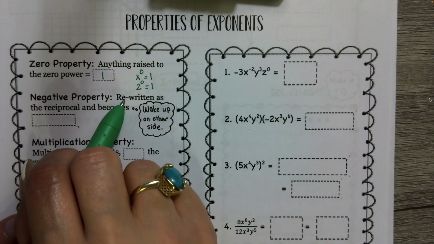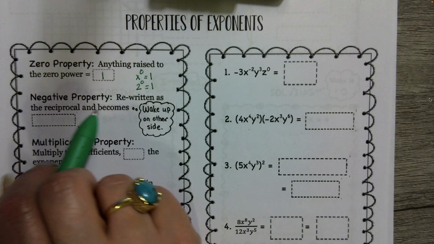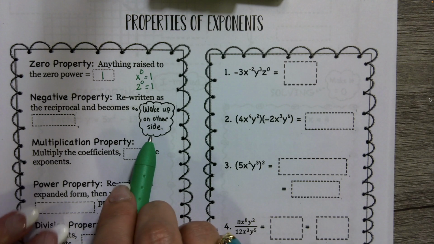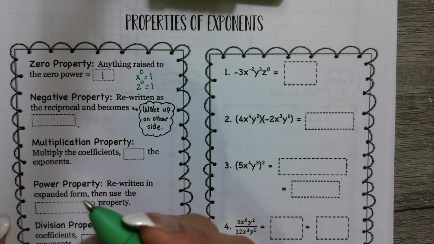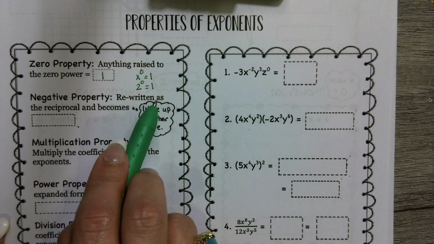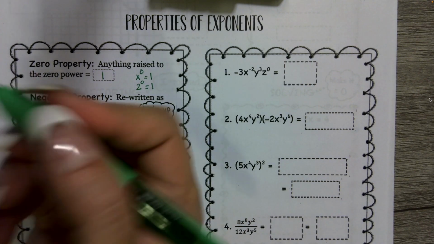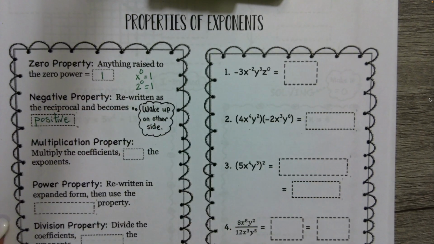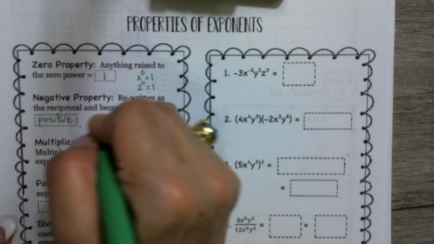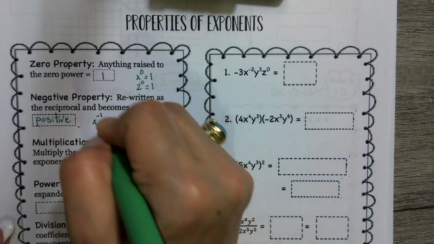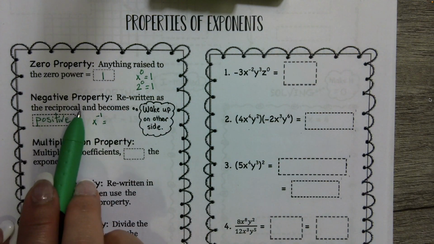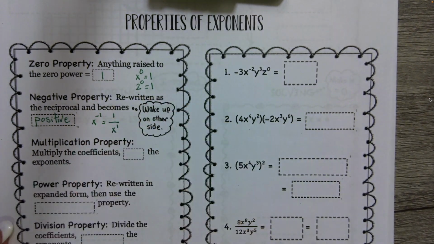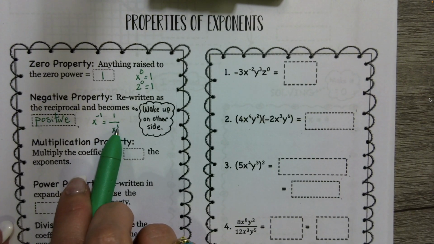Negative property: rewrite as the reciprocal and it becomes positive. What do I mean by that? If I have x to the power of negative 1, it will be a reciprocal, so it would be 1 over x to the power of 1. It becomes positive.